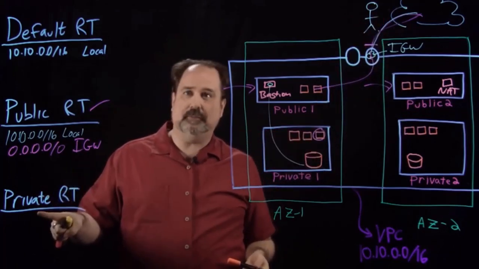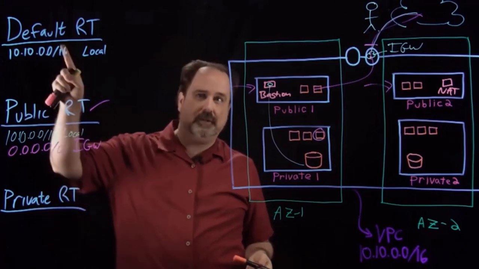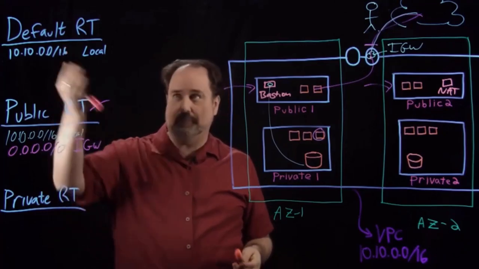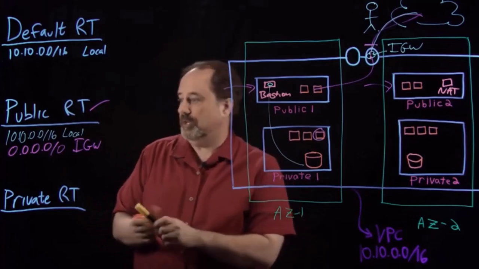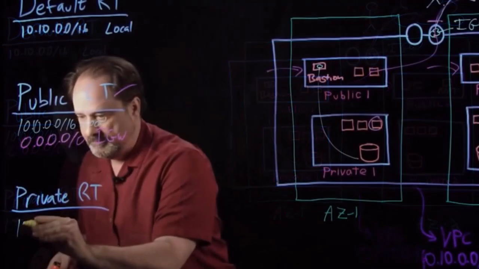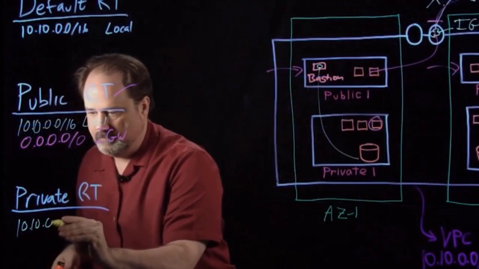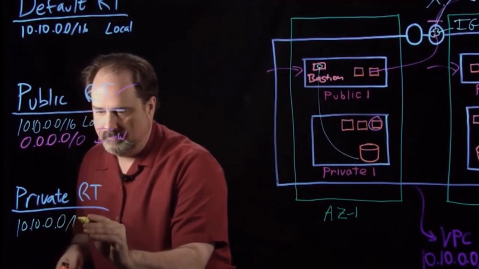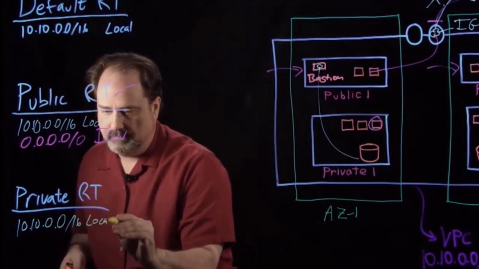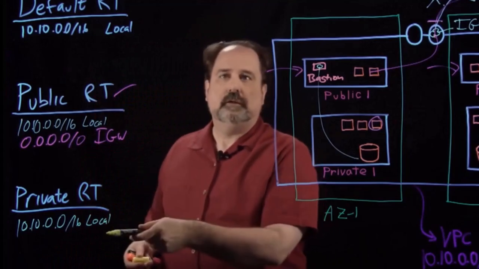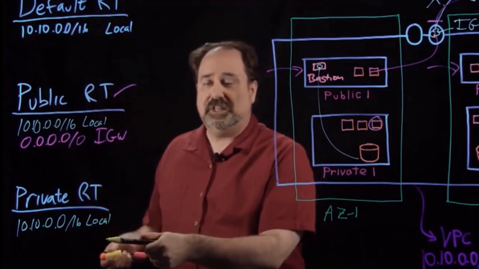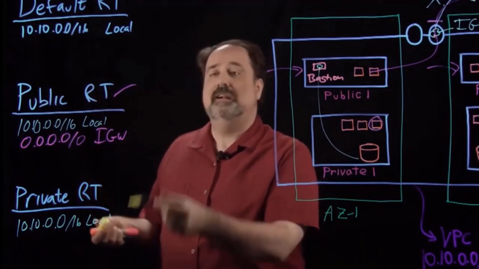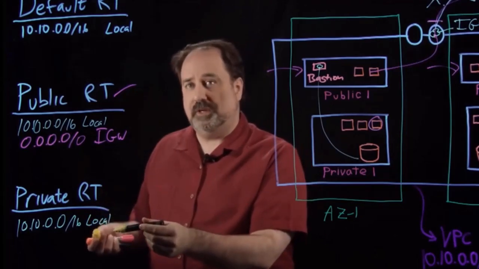Well, to make that happen, we need a new route table. The private route table. We first make a copy, as always, of the default route table, which means we copy everything from the default table. So 10.10.0.0/16, my local line, that's normal. The new line is, what do we do with the 000s?